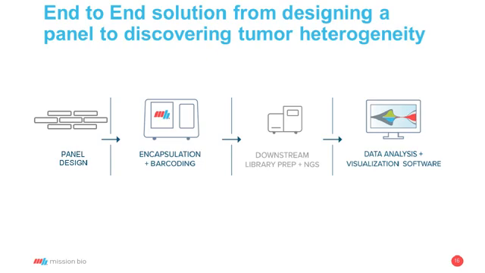Our workflow spans all the way from designing targeted assays, specifically targeting a set of mutations or a set of genes that are relevant to a cancer, being able to do library prep in this microfluidics device that allows us to encapsulate individual cells and tag them with a cell barcode so that we can retain the single cell resolution. Sequencing is done on standard Illumina sequencers, and then we have a full suite of analysis solutions to be able to interrogate and get insights from the data.